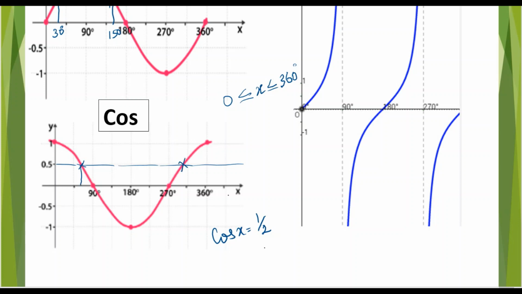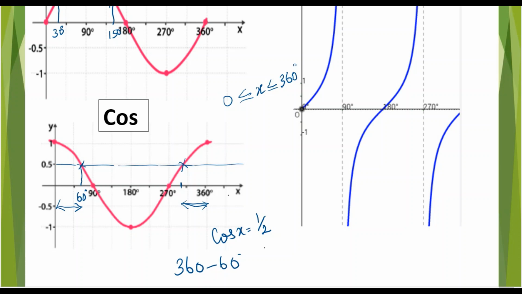Use the calculator to find the cos inverse of 1 over 2 value, that is 60 degrees. So from 0 to this point it is 60. So from 360 to this point is 360 minus 60, that is 300. So 360 minus 60 here.